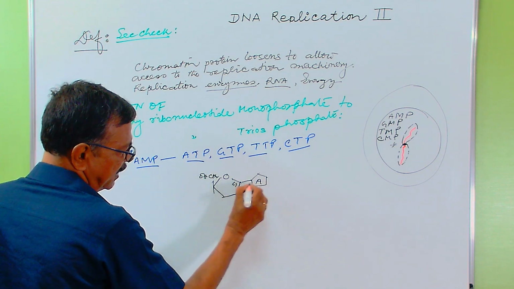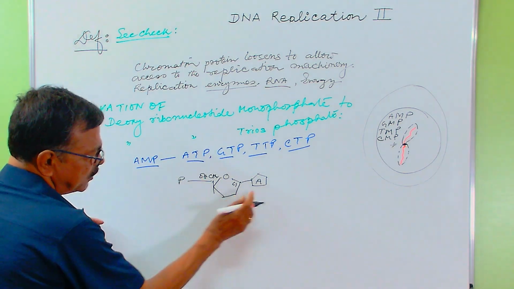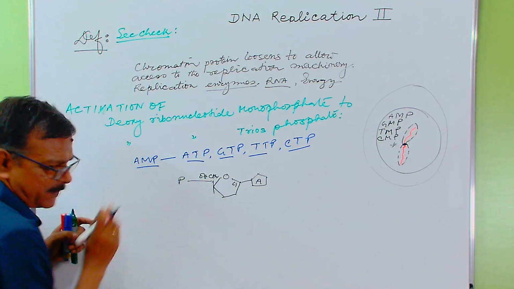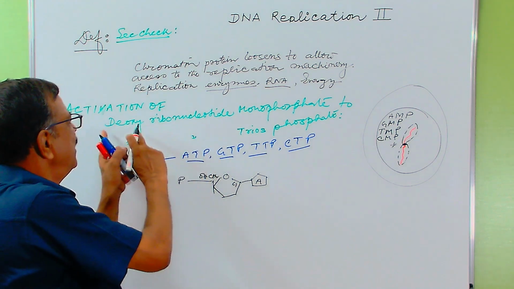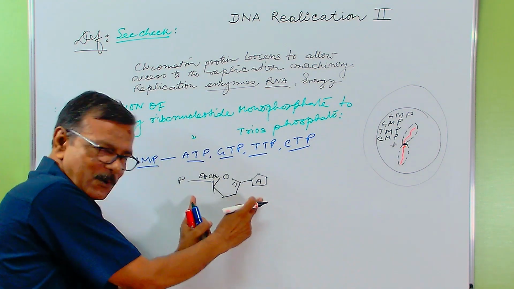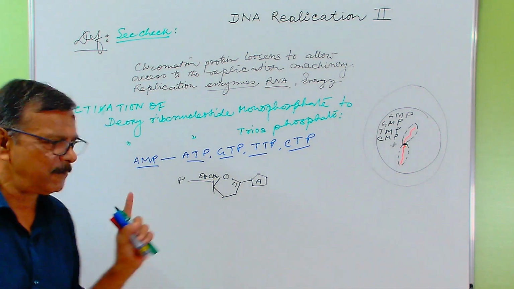This is the C1 position. So adenosine with this phosphate is known as adenosine monophosphate. In the true sense, it is a deoxyribonucleotide monophosphate, but its proper name is adenosine monophosphate.